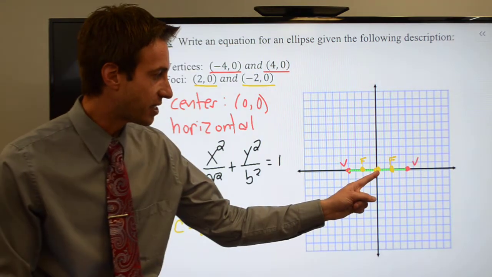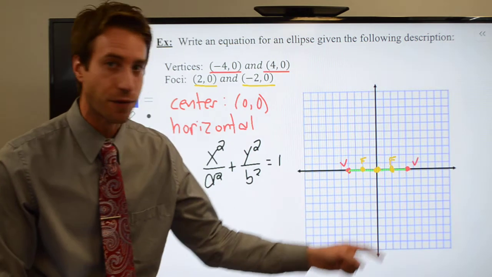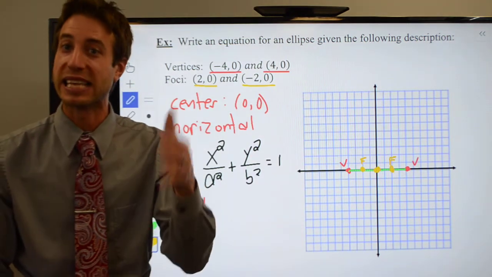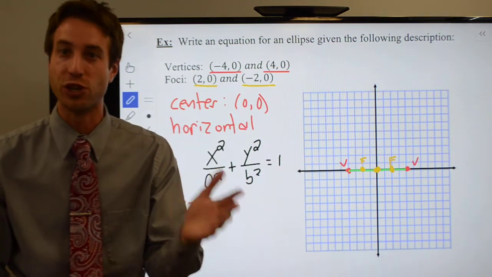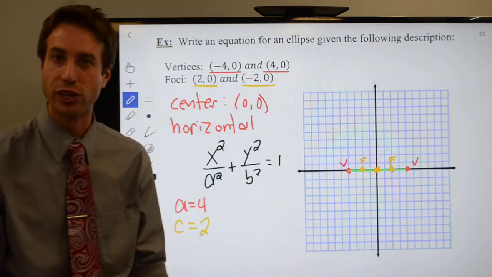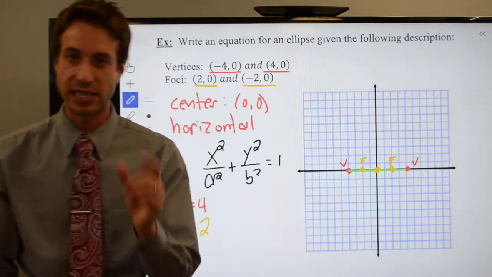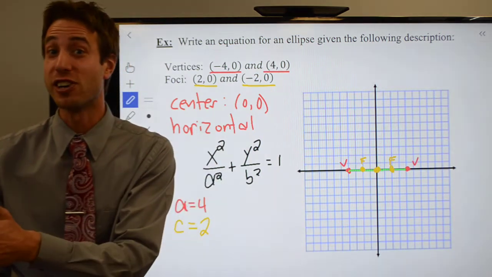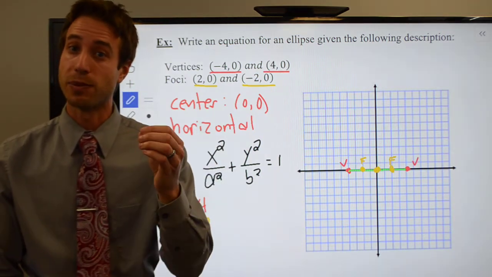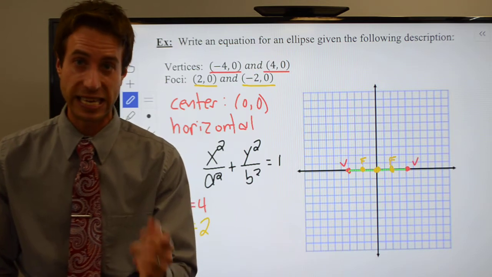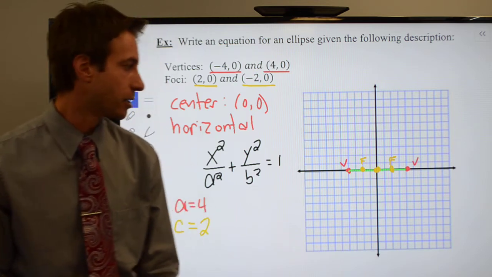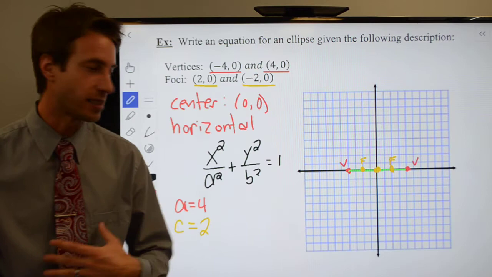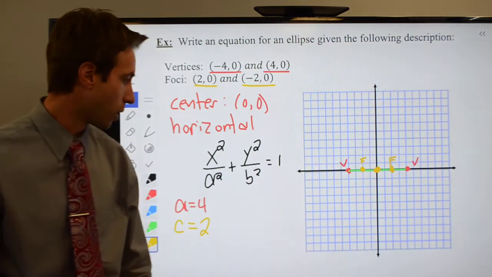Or if you measure from the center to this focus or that focus, you take the absolute value of the number, you get 2, no matter which one you measure to. Again, the distance from the center to the foci is C, the distance from the center to the vertex is A, the distance from the center to the co-vertex is B. So A, B, and C, know what those distances mean, and we'll go from there.